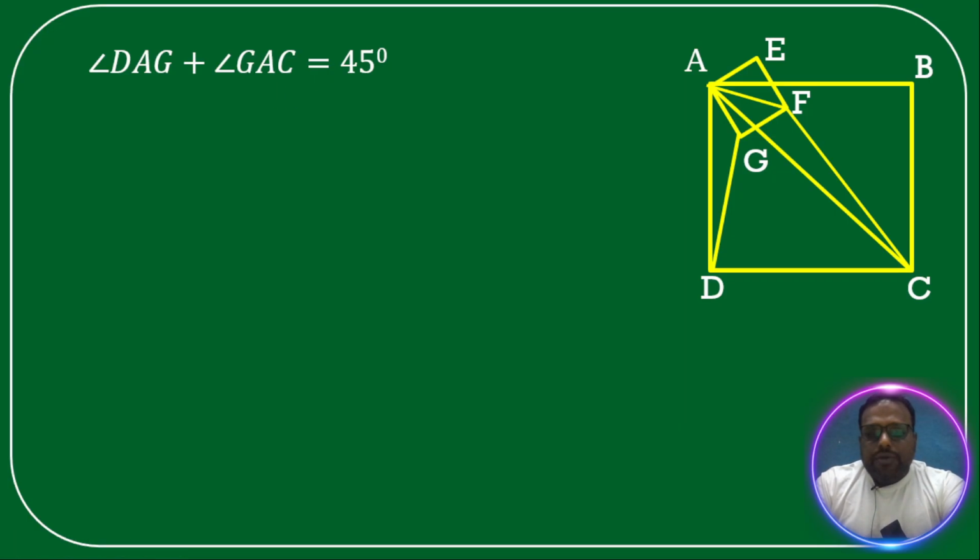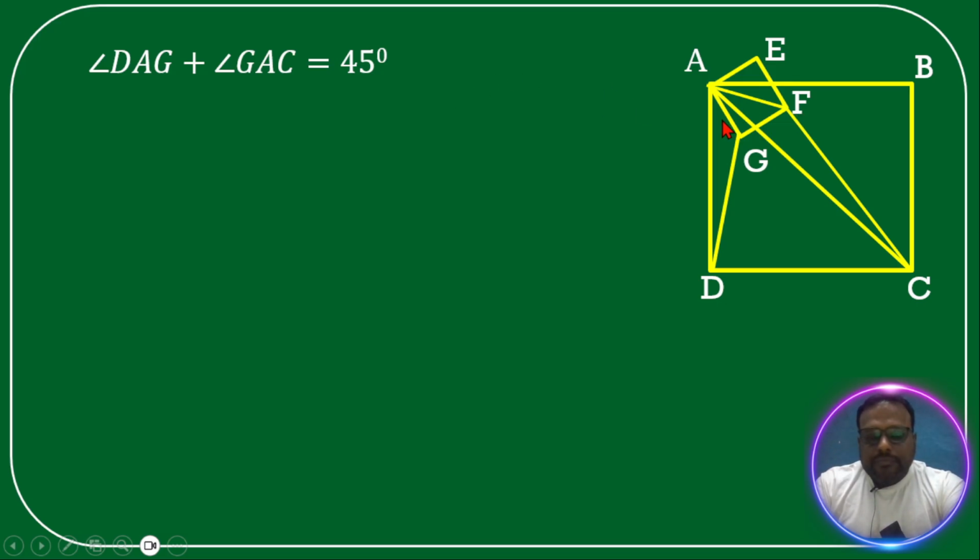So obviously we know that DAC and CAB are 45 each. And CAB, we got previously, is a combination of two angles, BAF and CAF, right?